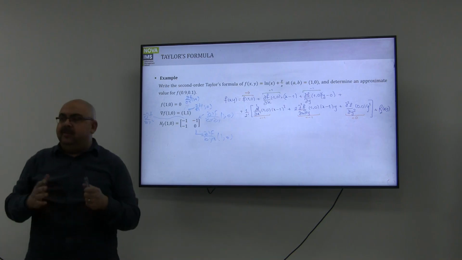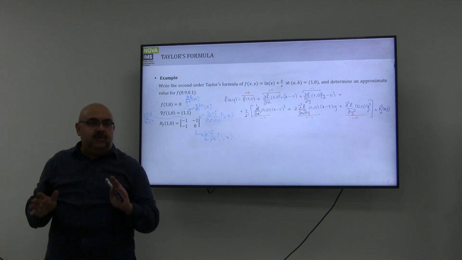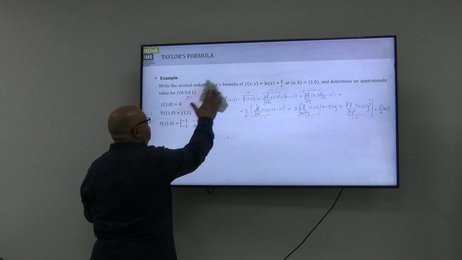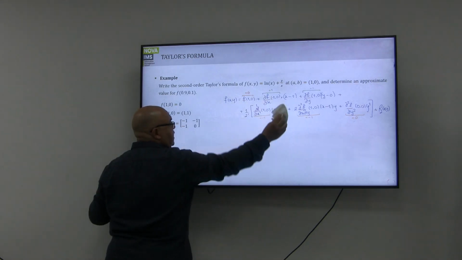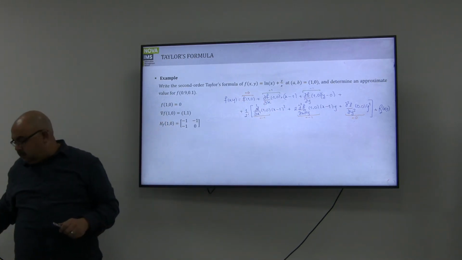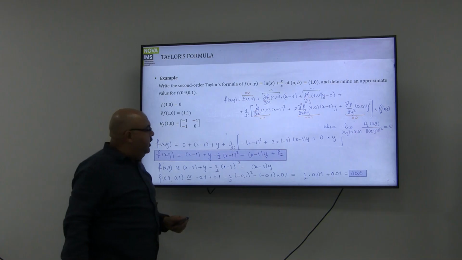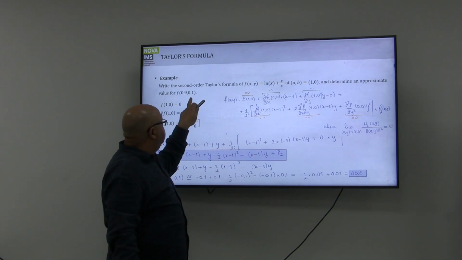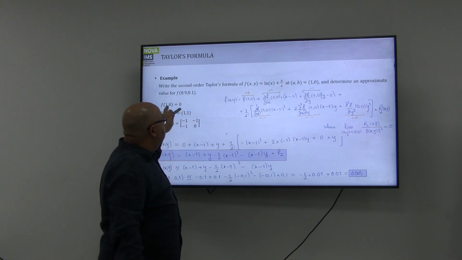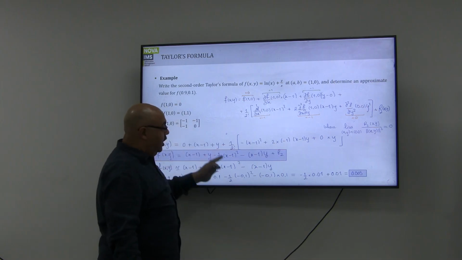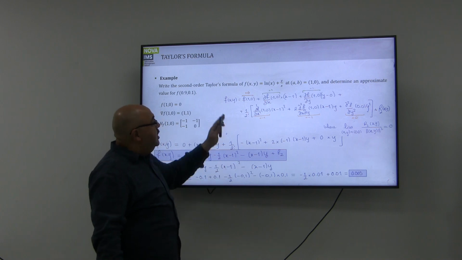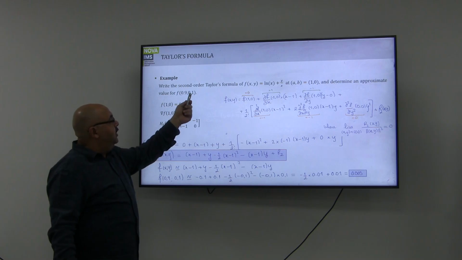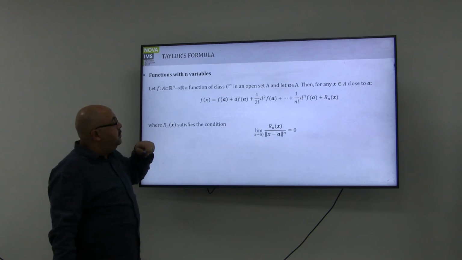So although it is given and it's confusing, it simplifies your life a lot. Okay. So all I have to do is to make the substitution, as you can see, and then it will be easy to evaluate directly. Just remarking, as I told you, that's going to be x minus 1, but y minus 0, which is going to be y. That's the final expansion. Then I can use the substitution of x equal to 0.9 and y equal to 0.1.